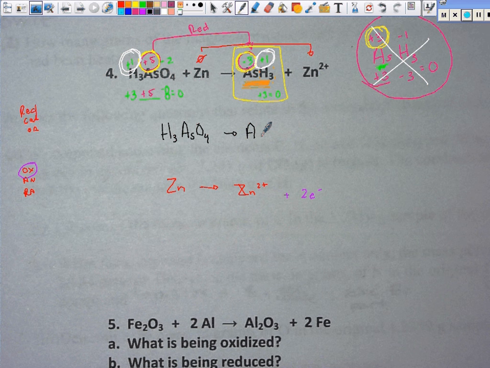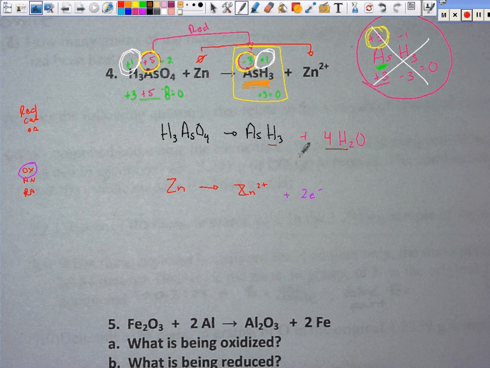So 3 plus 8 is 11. And I already have 3. So that means I just need 8 H pluses. Okay. So total charge on the left is neutral. Total charge on the right is 8 positive. So I need 8 electrons.